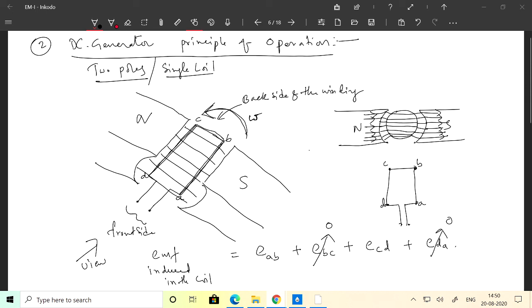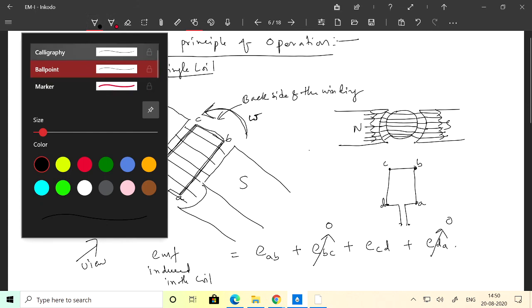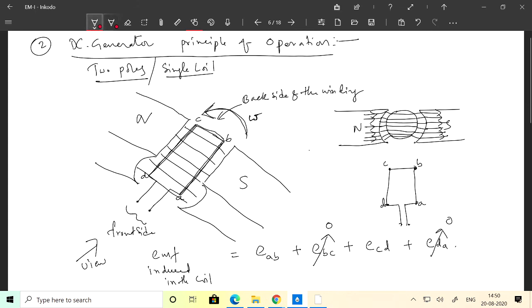So the EMF induced in the coil sides CB and DA is 0. And what is the EMF induced in coil sides AB and CD?